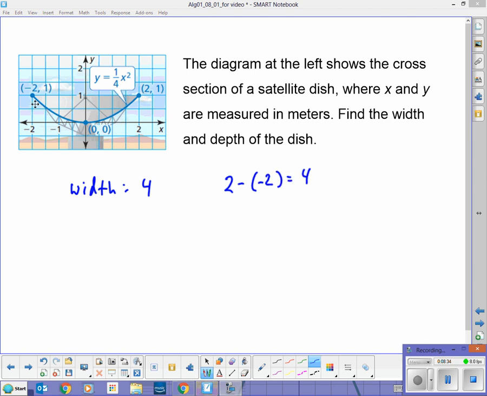And then the depth, well, the depth is from that line up here down to the low point here. The low point's at 0, 0, and the high point is up here at 1. Well, the depth is 1. So we're just still looking at the parabola and those characteristics.